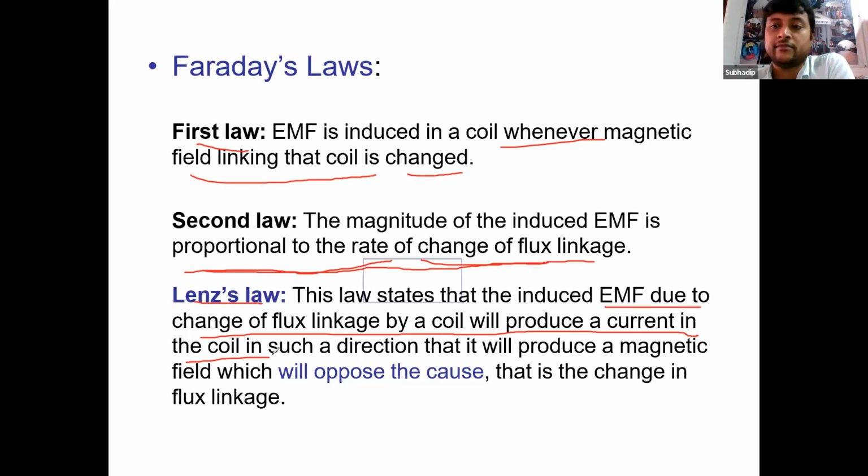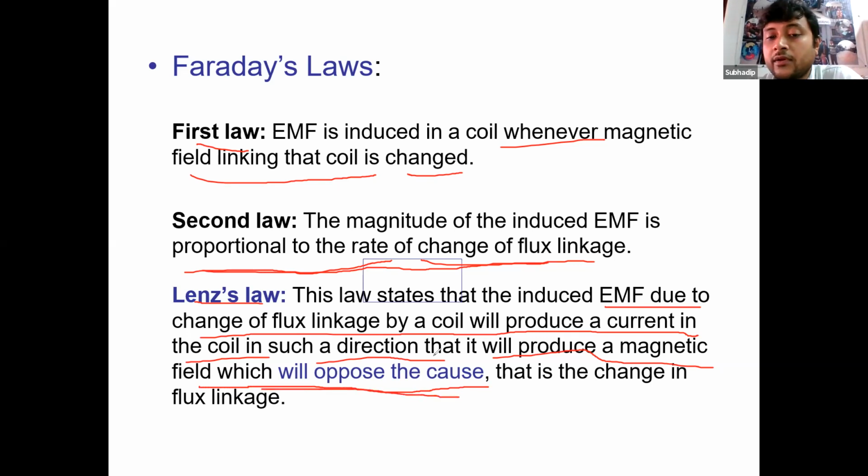Only the voltage will develop, but current will not flow unless the circuit is closed. The current flows in such a direction that it will produce a magnetic field which will oppose the cause.